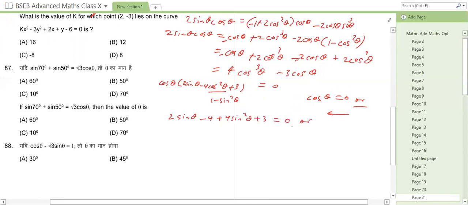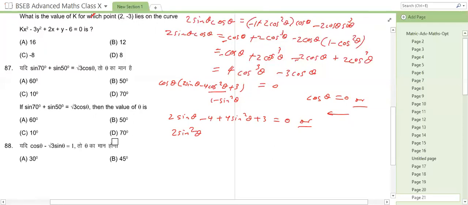Or that. So you got 2 sine squared theta. Oh, we cannot simplify this to be 2 sine squared theta.